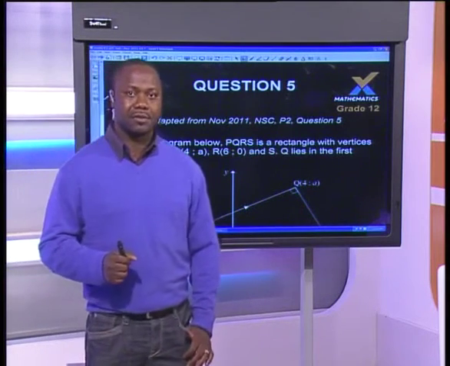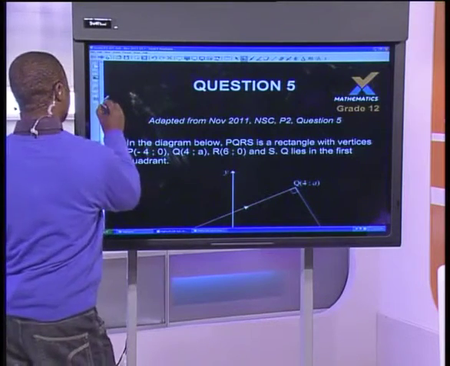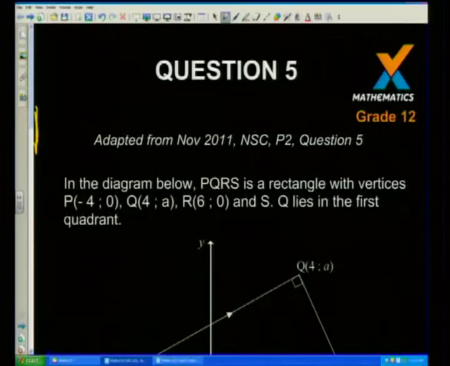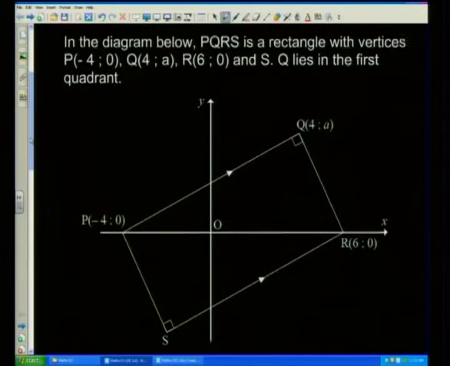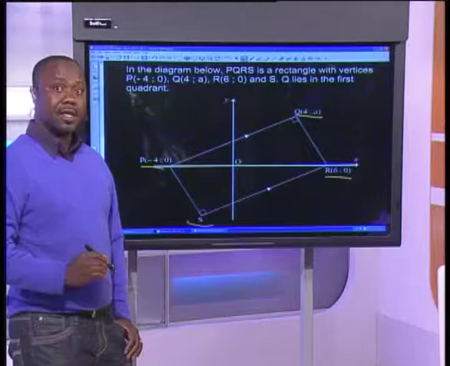Coordinate geometry, sometimes called analytic geometry. The first thing that you see here is that we've got information about a rectangle, and the rectangle that is given is called PQRS.